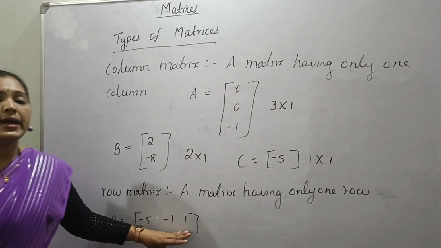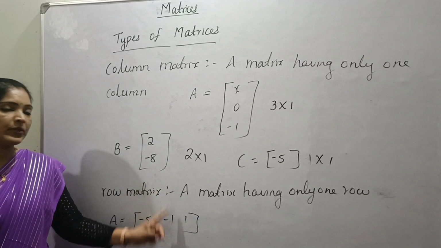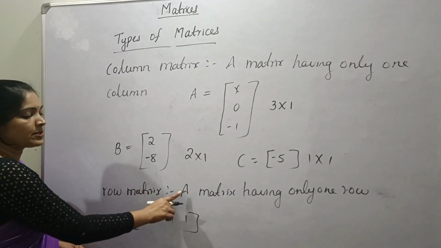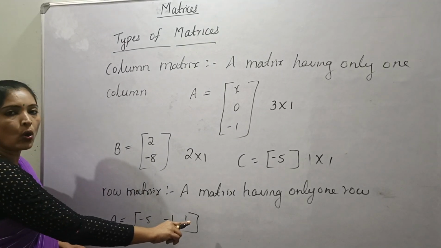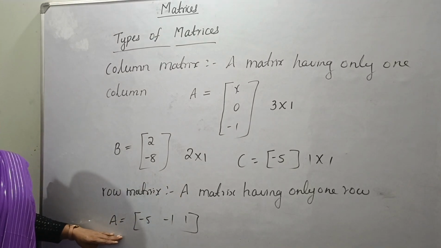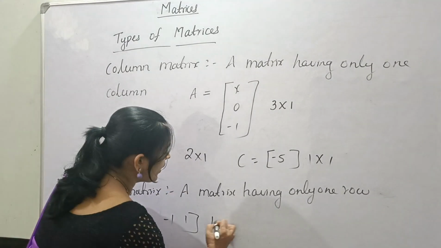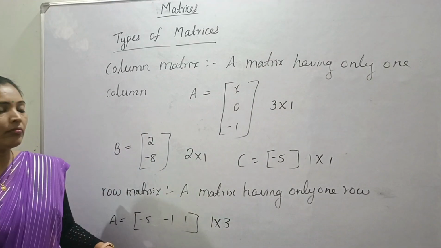See, it's a row matrix of order 1 by 3. There are 3 columns. Okay, only one row and 3 columns. So A is a row matrix of order 1 by 3.